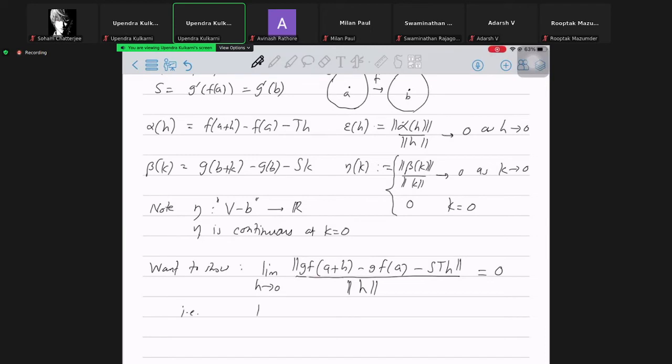So the limit as h approaches 0 of, let's write the second thing as g of b minus S of T of h, divided by h. Now the first term, you see, I have written g of b, so it would be nice to write this also as g of b plus something, and I want this to be k.